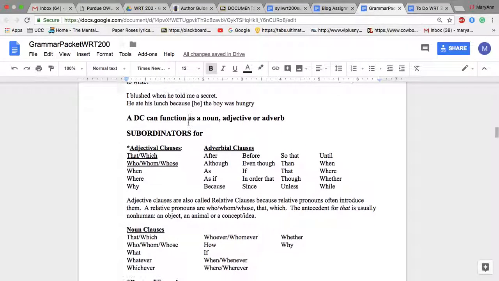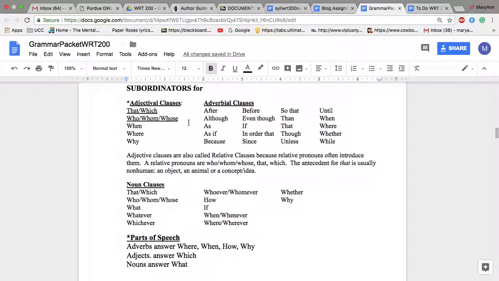Below I have listed a lot of subordinators, which are categorized by what part of speech they make the entire clause, which we'll talk more about later. But in this video, I want to focus on our three magic subordinators, which can operate as a subordinator and a subject for the dependent clause. Those subordinators are that, which, and who.